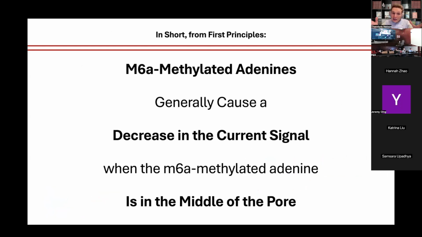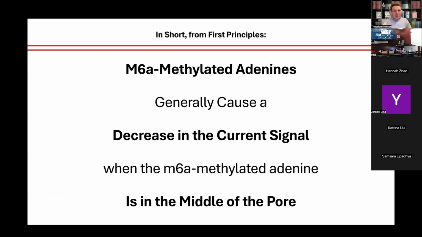Ultimately, that in summary says that an m6A methylated adenosine generally causes a decrease in signal current when the m6A methylated adenine is in the middle of the pore. And this is something you can say from first principles, having looked at the specific signal currents and the methylation currents and gone back to the original data.